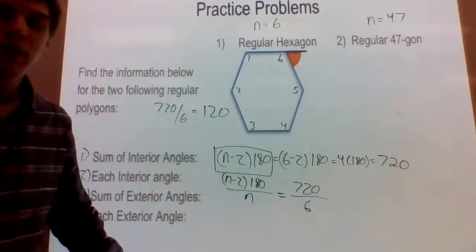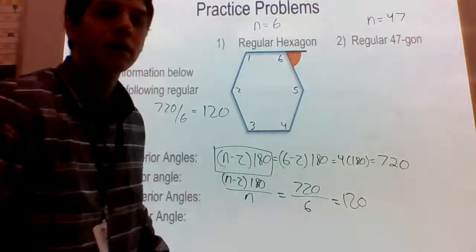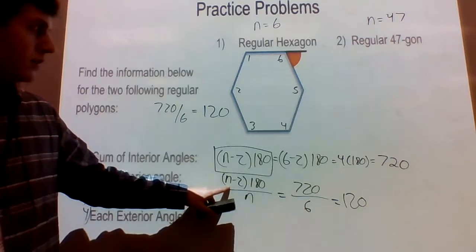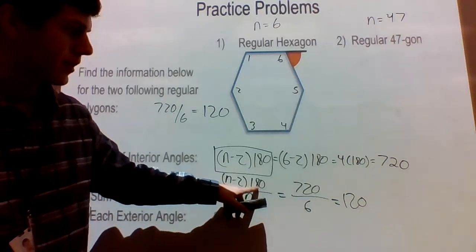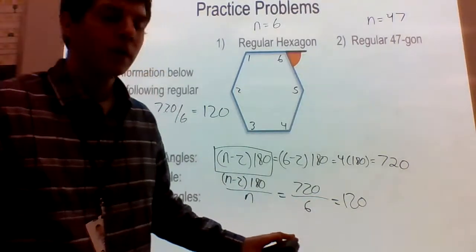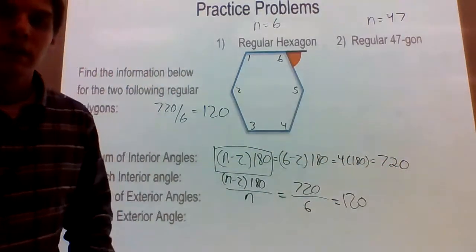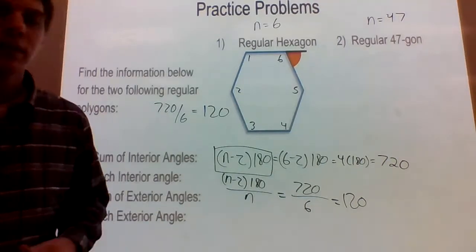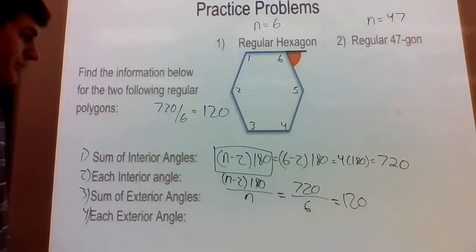So 720 divided by 6 gave us 120. If you want to plug the whole thing in, that's fine: 6 minus 2 is 4, 4 times 180 is 720, 720 divided by 6 is 120. But we can go straight to 720 divided by the number of angles. The sum of the interior angles divided by the number of interior angles is the measure of each interior angle.